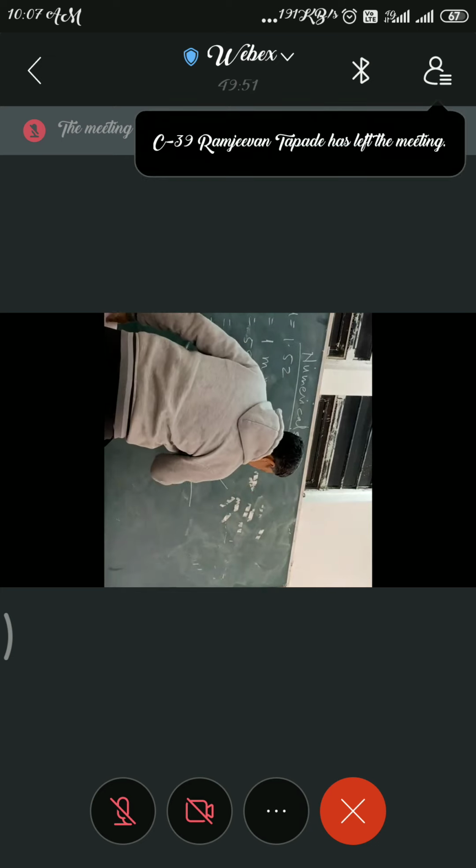Then calculate the angle of wedge. What you have to find out is the angle of wedge, that is theta. In this diagram you can see there is a theta. This we have to find out, and you have to get the answer in seconds. That conversion we will do later on. First of all, these are the given terms: mu, the refractive index of the medium, is 1.52; beta, the fringe spacing, is 1 mm; lambda is the wavelength of light; and the wedge angle we have to find out.